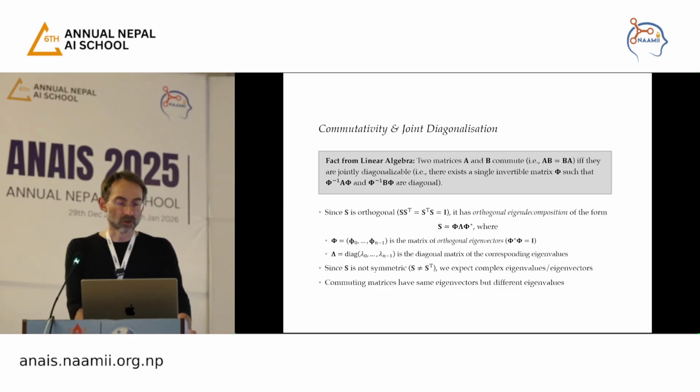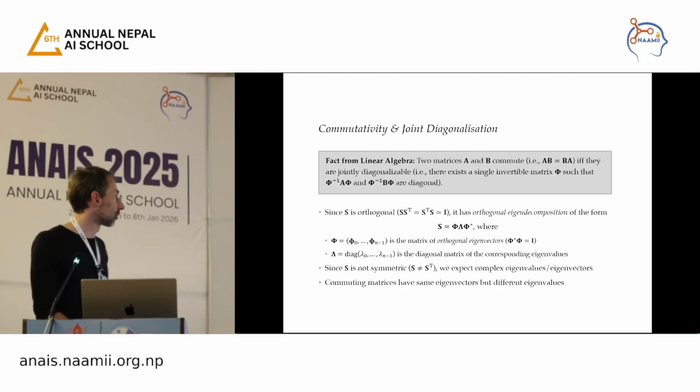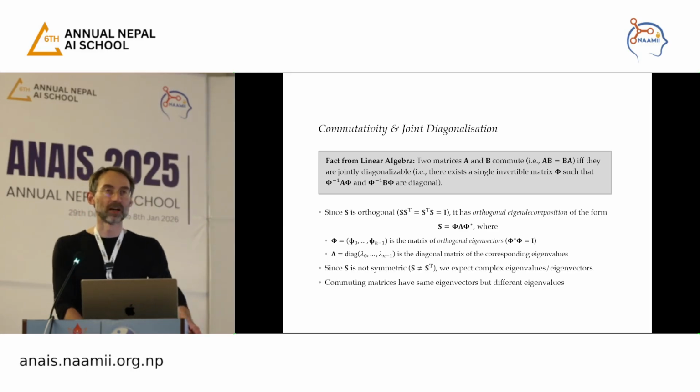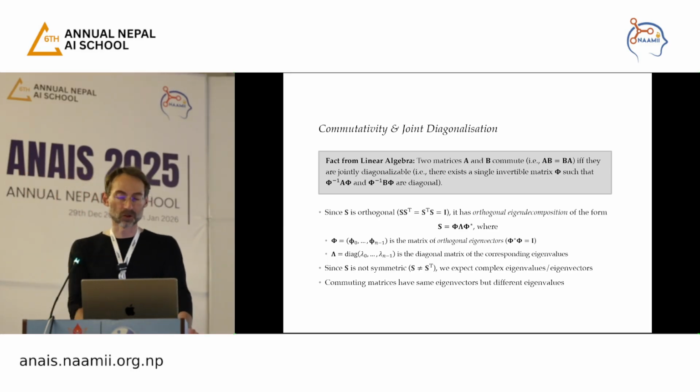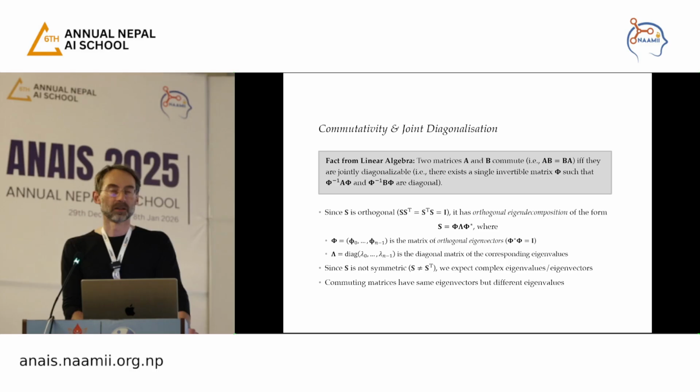shift operator. Because we already said that it's orthogonal, right? So it has orthogonal eigendecomposition. So in other words, its eigenvectors look like this. So it's phi lambda phi star, right? Why do I write star? So star is transposed with complex conjugate. This matrix is not real because S itself is not a symmetric matrix, right?